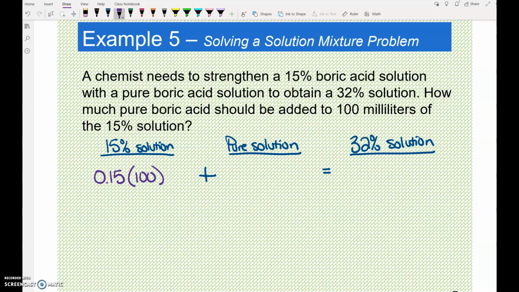What percentage do you suppose is pure? 100%. 100% as a decimal is 1. We don't know how much of that we need. We want this to be 32%, so 0.32, and this will be 100 plus x.